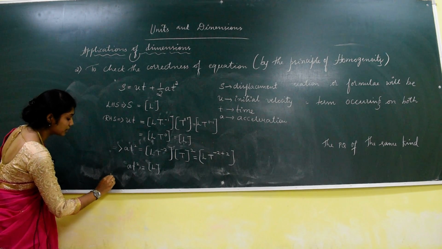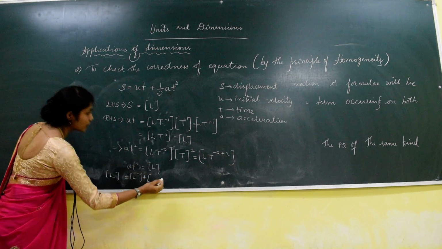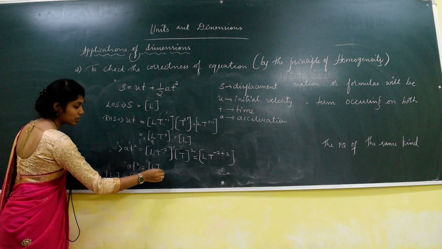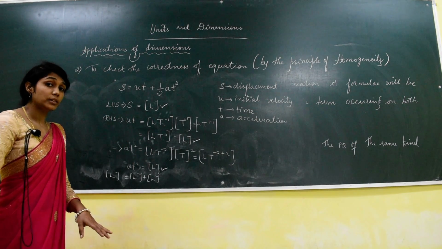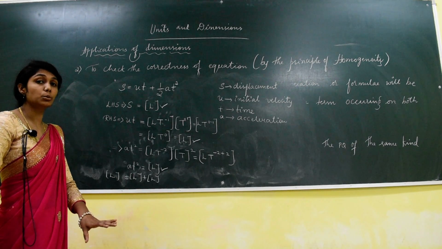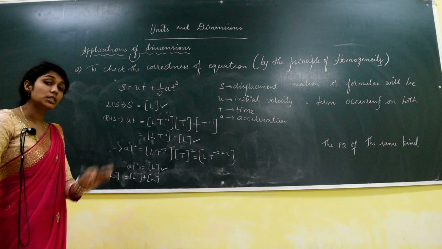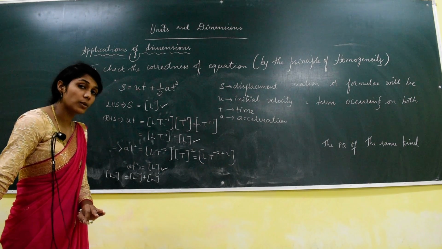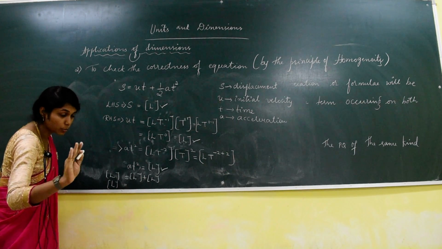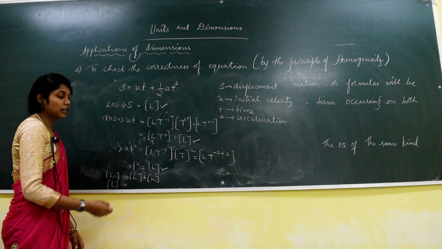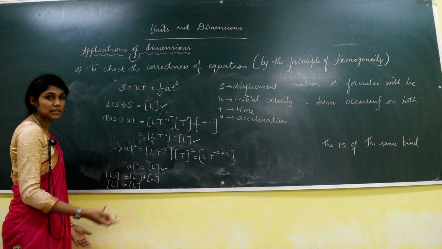Here for S the dimension is L, this is equals to, and for UT the dimension is L, plus for AT square I got the dimension L. So therefore this is L. I have told you, if the physical quantities are the same, then only we can compare them, or add or subtract them. We can add, subtract or compare a physical quantity with a physical quantity of its own kind. So here L is equals to, L plus L is what you write, not 2L. You are not adding algebraically here, I am adding dimensionally. So L plus L gives me length, length plus length gives length.